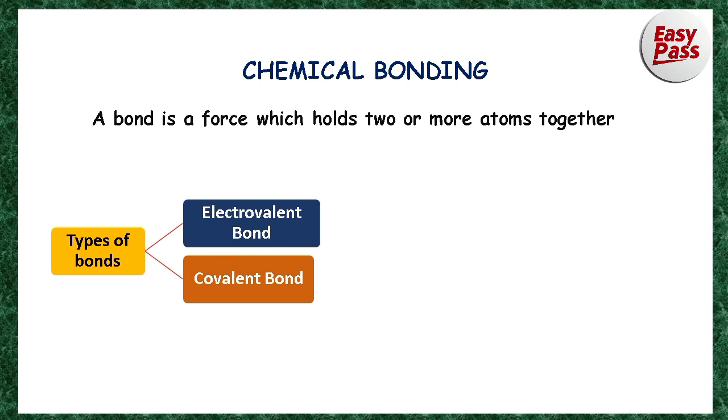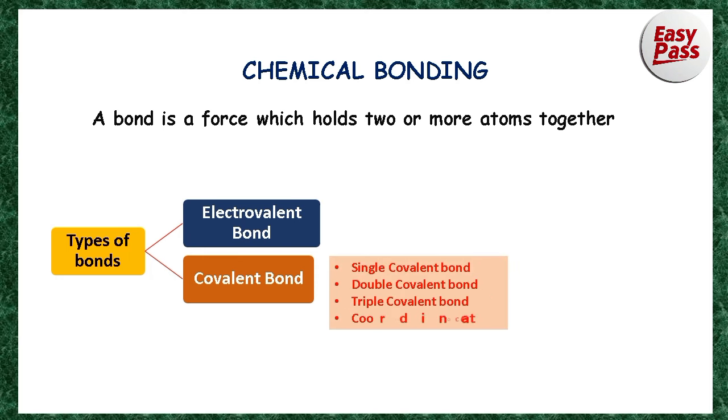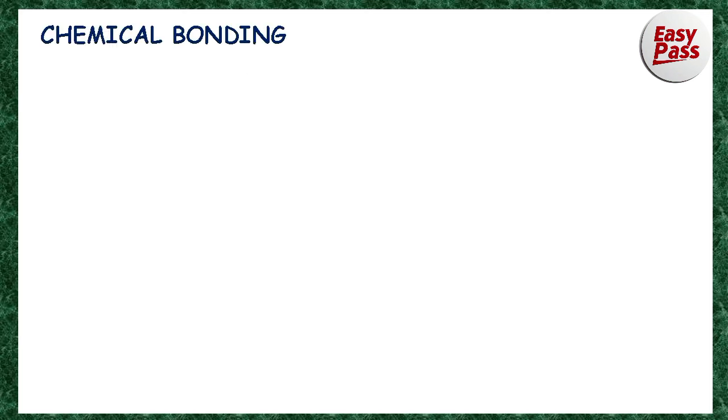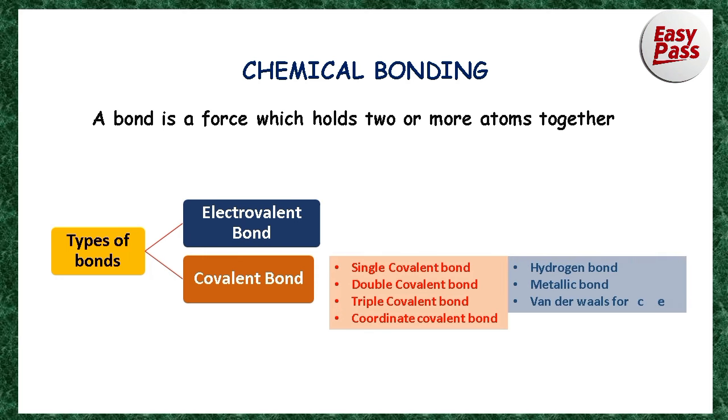Under covalent bond, we have a single covalent bond, a double covalent bond, a triple covalent bond, and a coordinate covalent bond. Aside from coordinate covalent bond, we have hydrogen bond and metallic bond, also van der Waals force. All these are subtitles under chemical bonding.